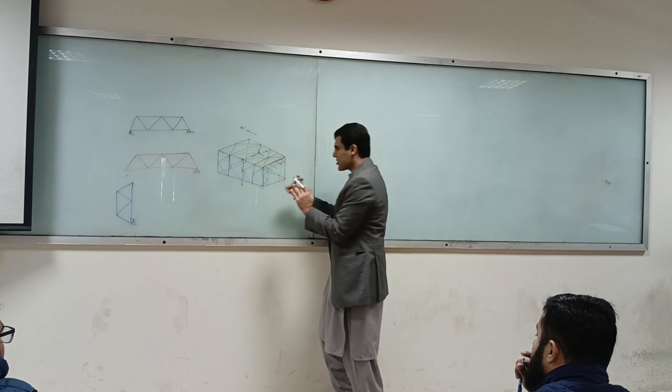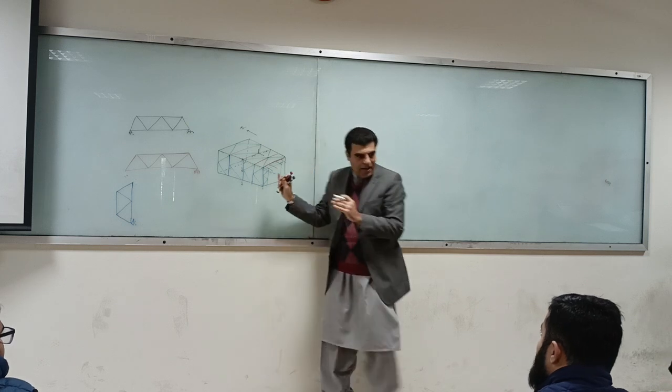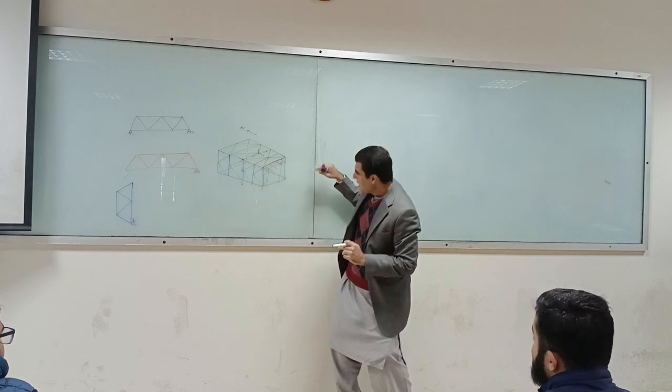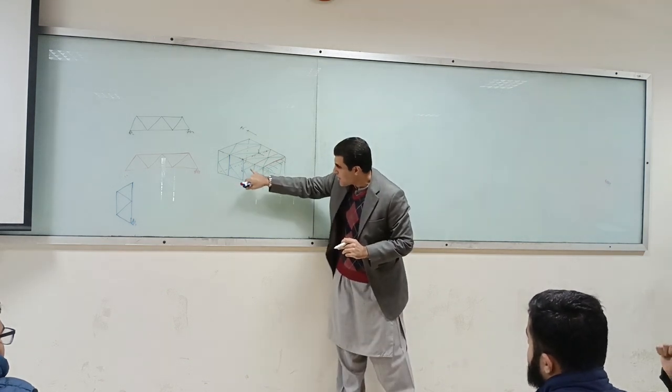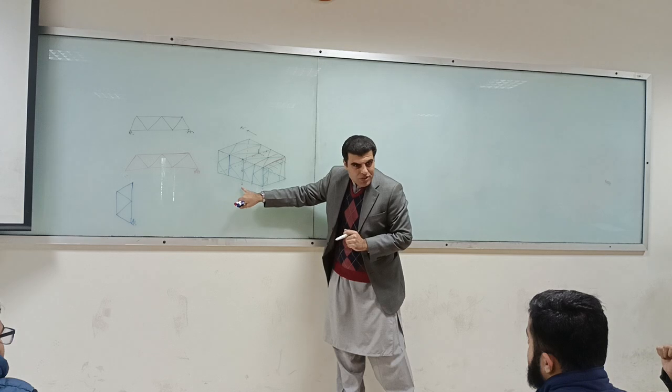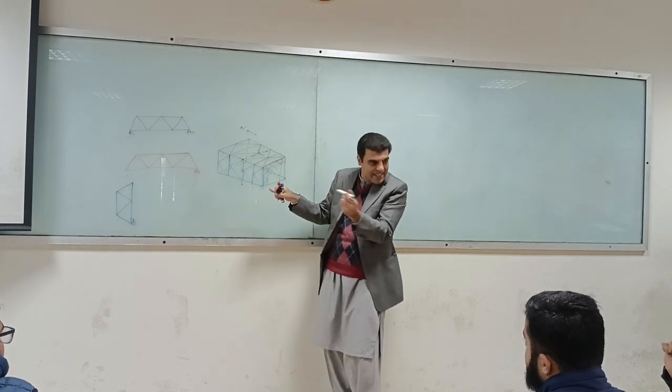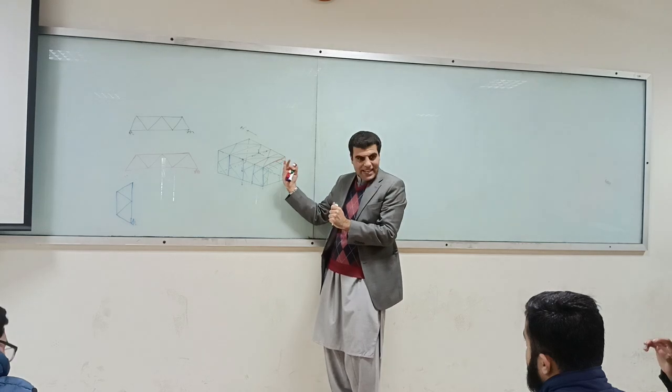So another structure is provided so that these braces will then take the load. We have provided braces in the same direction to take the load to the ground. So in this direction we also need braces in these spaces.